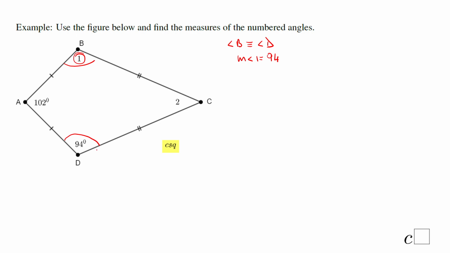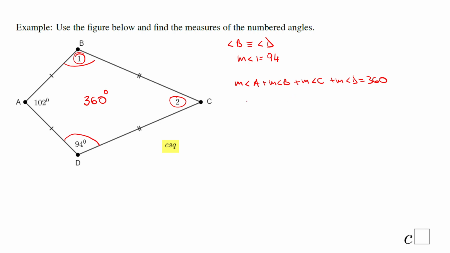Let's take a look at angle 2. How am I going to find that? Remember, this is a quadrilateral, so the sum of the measures of the interior angles will be 360 degrees. So now I'm going to say the measure of angle A plus the measure of angle B plus the measure of angle C plus the measure of angle D is 360 degrees.